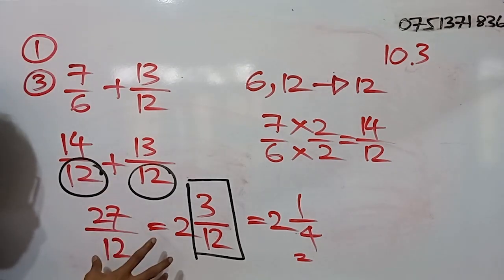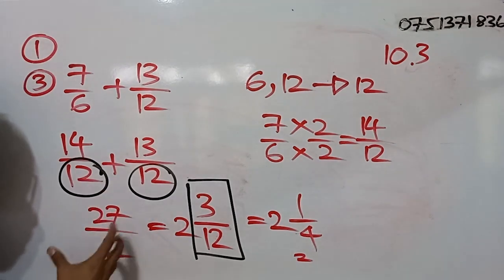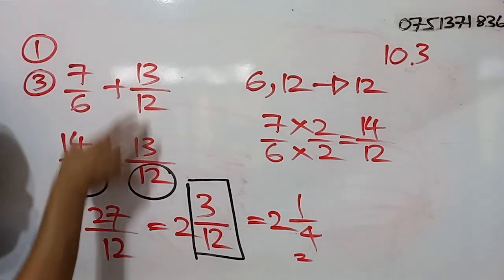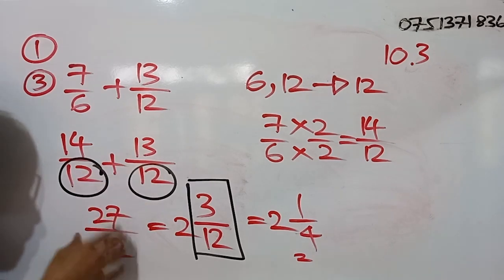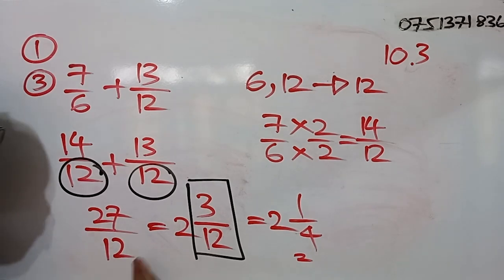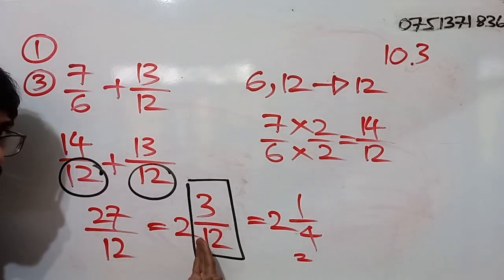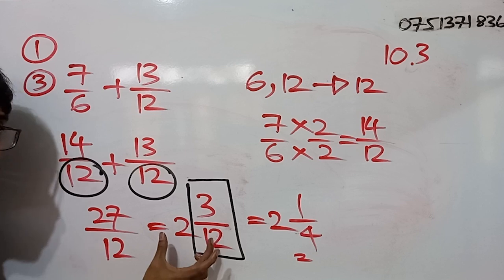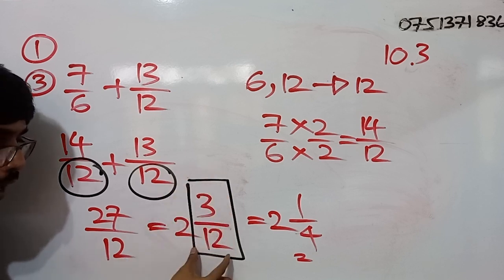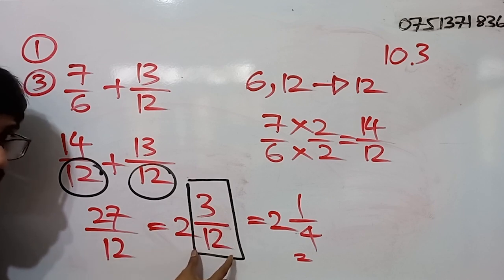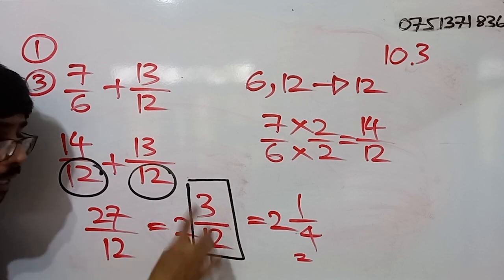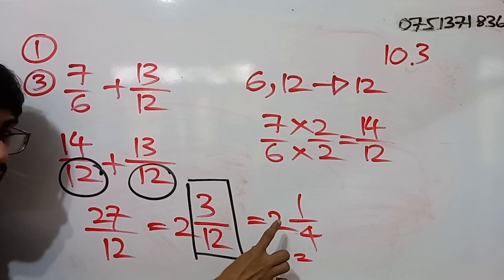So, always remember, when you are writing an answer in this kind of question, if the fraction is an improper fraction, you have to convert that fraction into a mixed number. There also, regarding the mixed number, you have to check whether the fraction part can be further simplified.